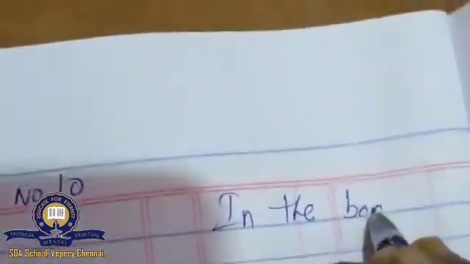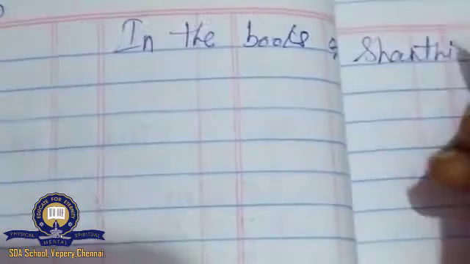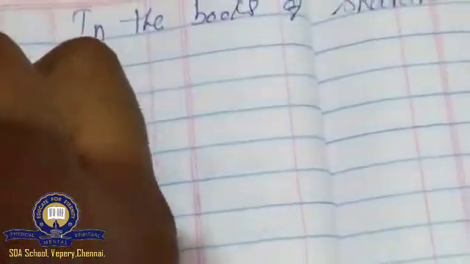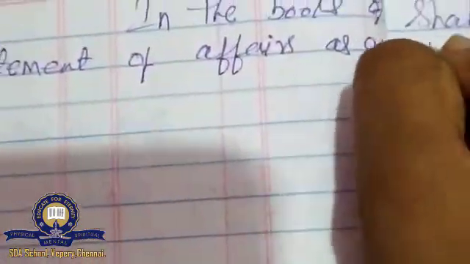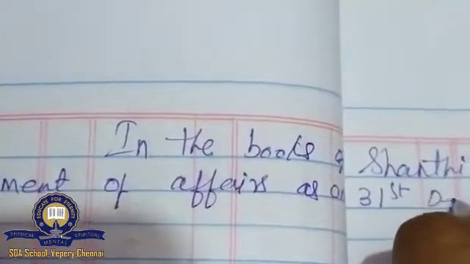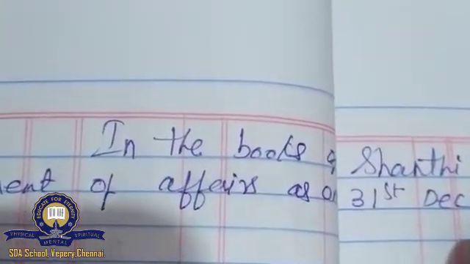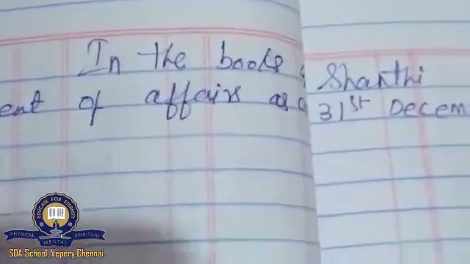Like a balance sheet, we are going to open it with two sides. The starting heading is: in the books of Shanti, statement of affairs as on 31st December 2018.